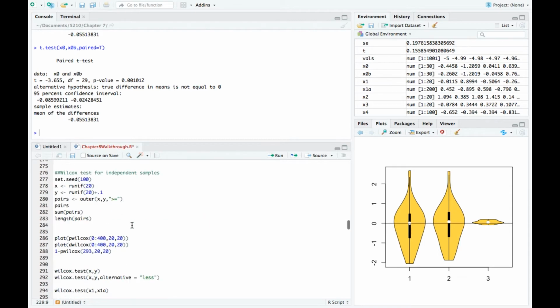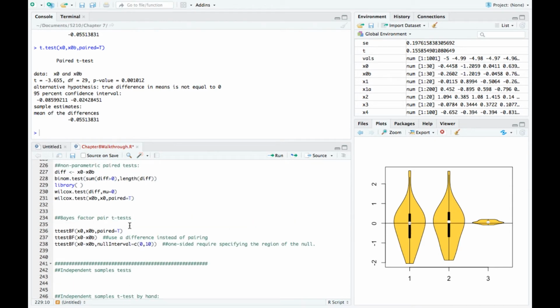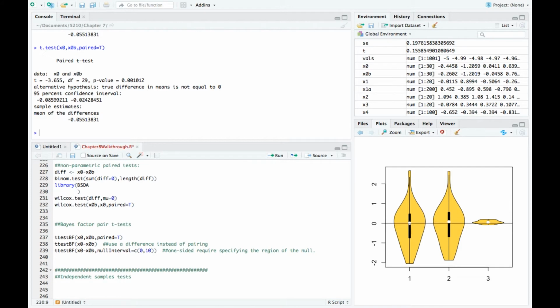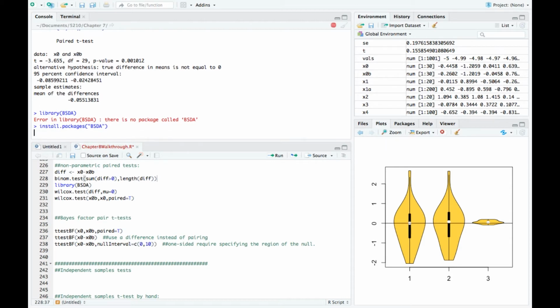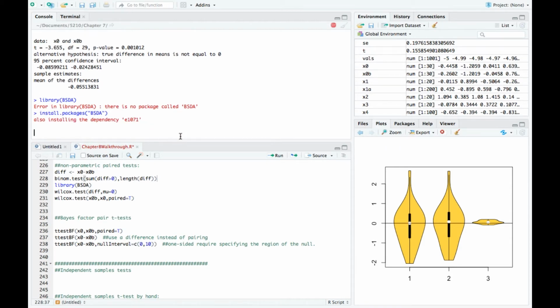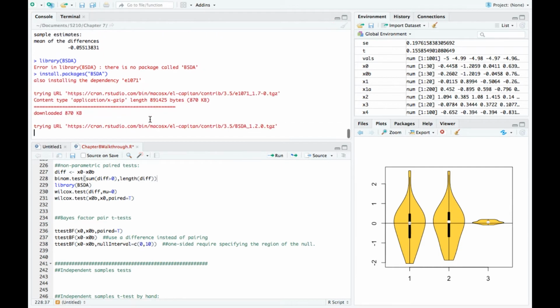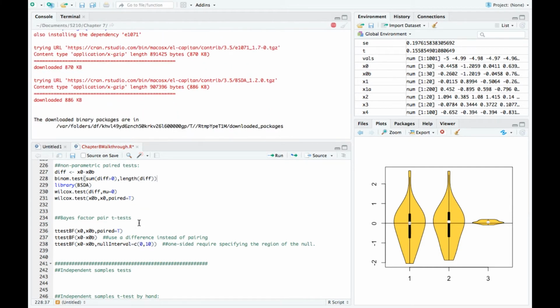BSDA. So I will reinstall this, and this includes the sign test, which is identical to this binomial test.